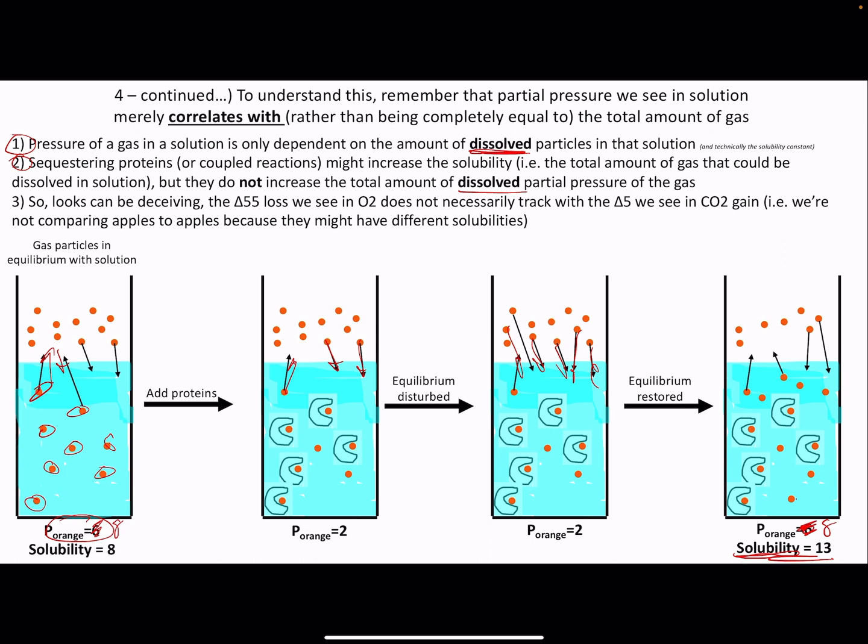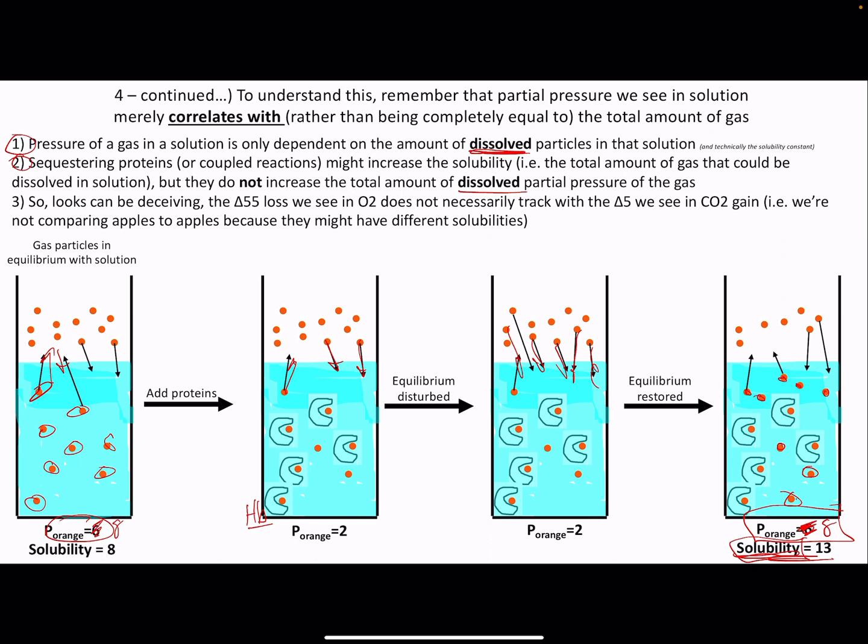Solubility means the maximum amount of gas particles that could get into solution. I count 13. But in terms of the free dissolved particles, which are the only ones actually contributing to gas pressure, it's still 8. So notice that adding a sequestering protein like hemoglobin increases the solubility, but it does not necessarily increase the pressure, because the amount of dissolved particles at the end of the day is more or less the same.